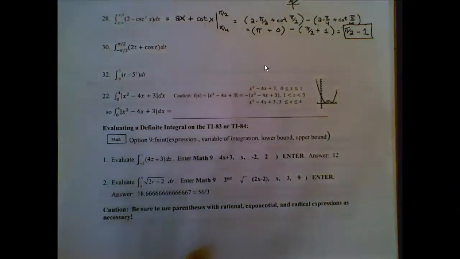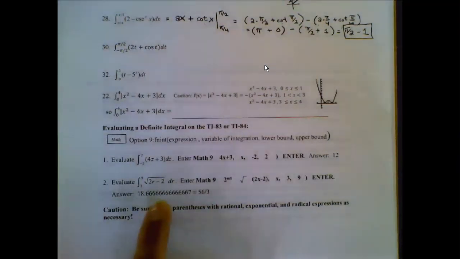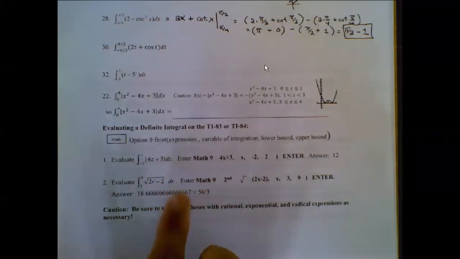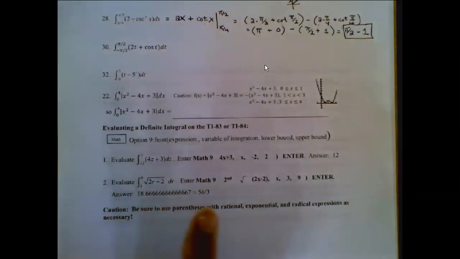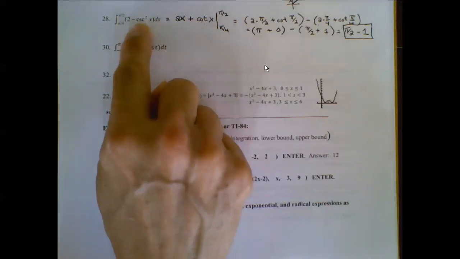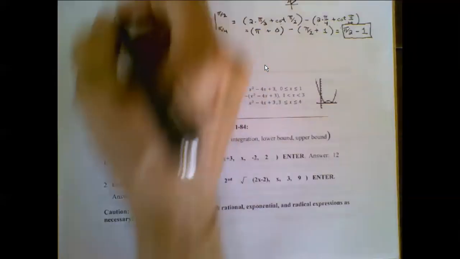Now, these other examples, just practice using parentheses, because you do want to check your answer on the test. And so you need to practice using this to make sure you have all your parentheses opened and closed in the right place. I had to be really careful with parentheses here.